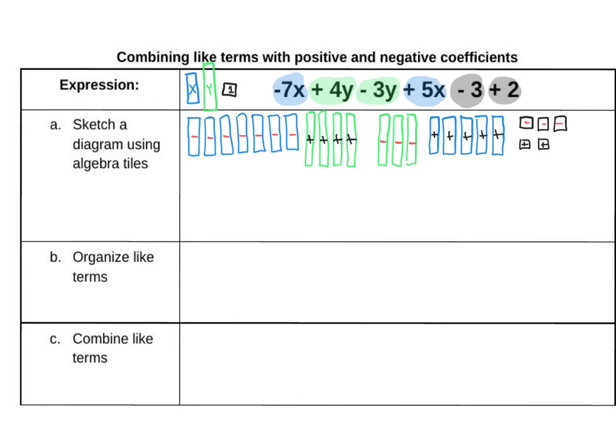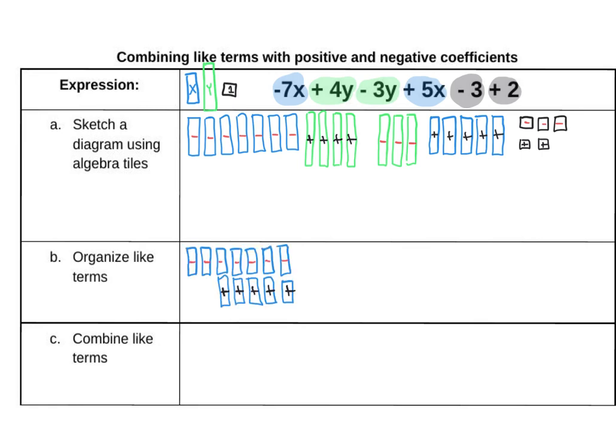And we can start organizing our like terms. Again, this is just a matter of preference for me, but I like to pull all of my x's together at the beginning, and then I go with my y's, and then I do my constants. So I'm going to start by pulling all of my positive and negative x's to one side.